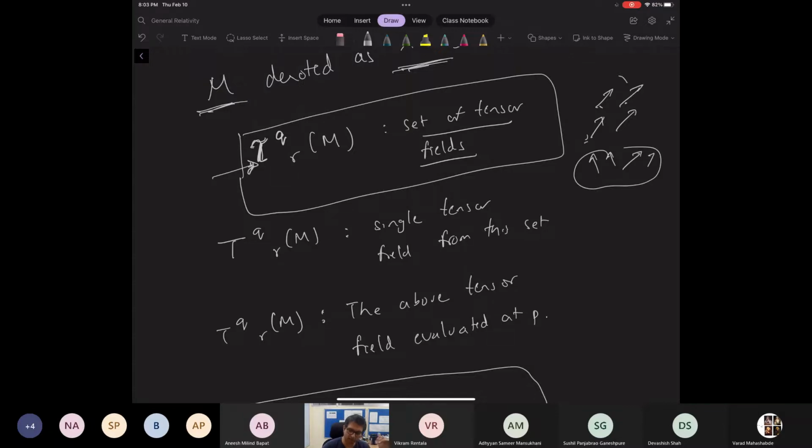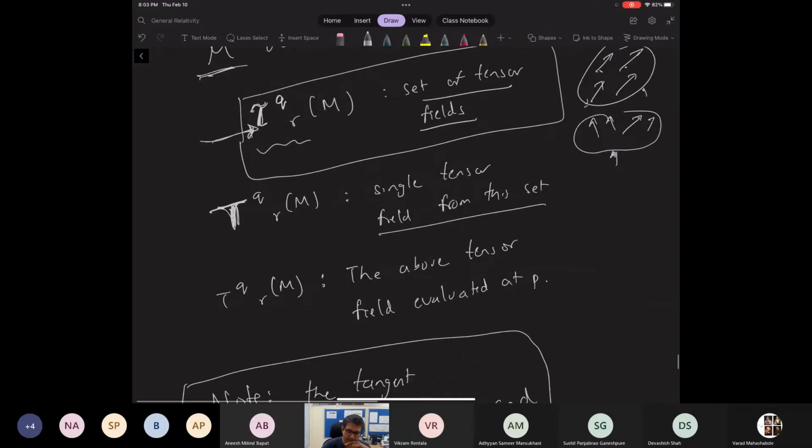The set of all such vector fields or tensor fields is denoted using a curly T. If we use a regular capital T, that means a particular single tensor. From this entire set of possible tensors, we're choosing one vector field, or one tensor field. This is a single tensor field from this set.